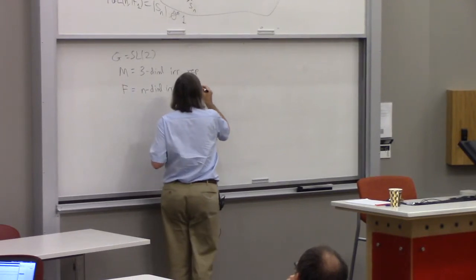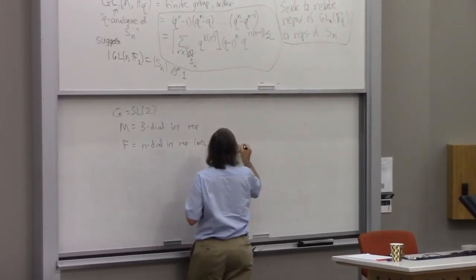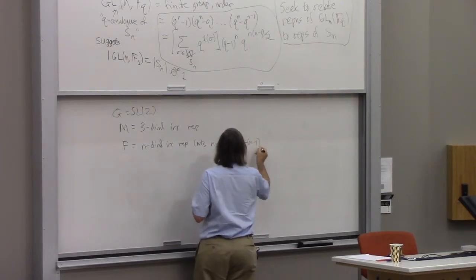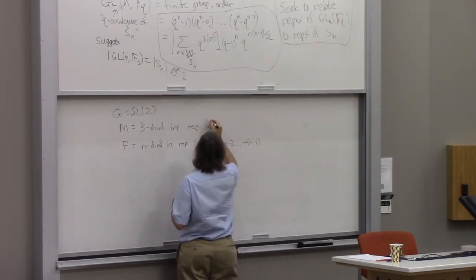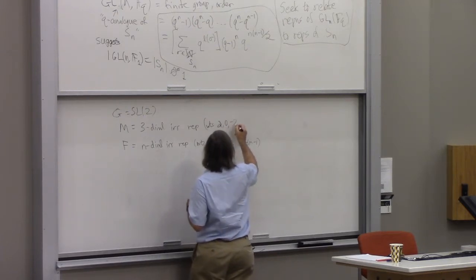This has weights n minus 1, n minus 3, down to minus n plus 1. And this has weights 2, 0, and minus 2.